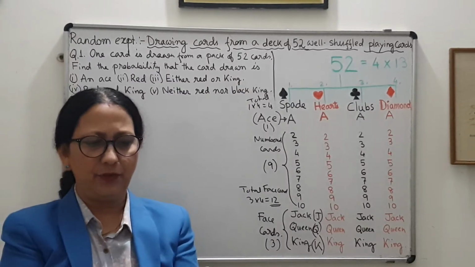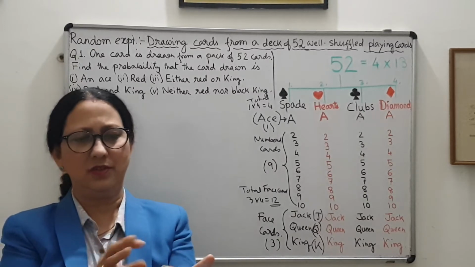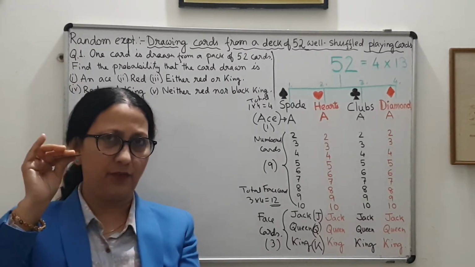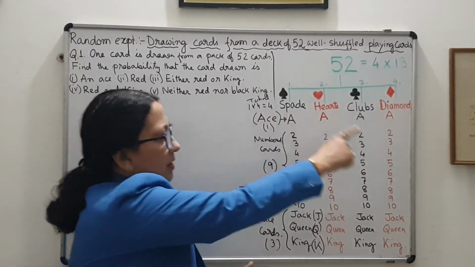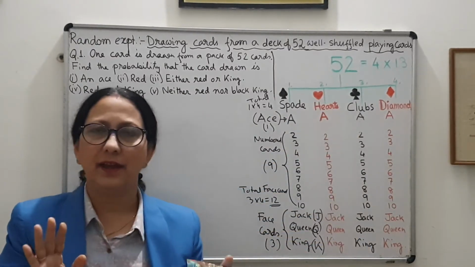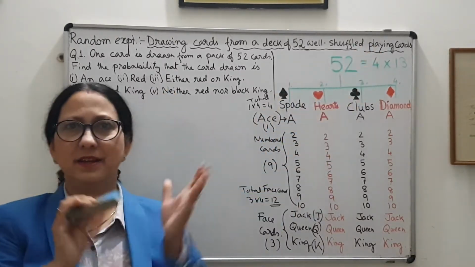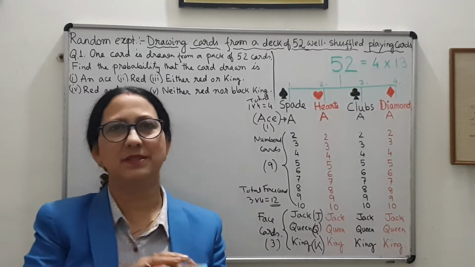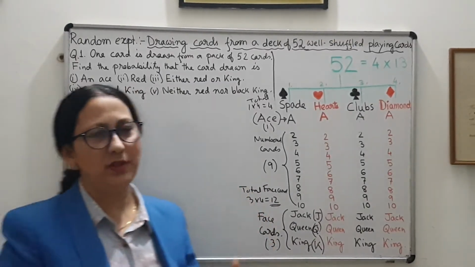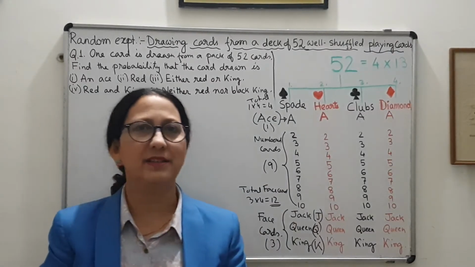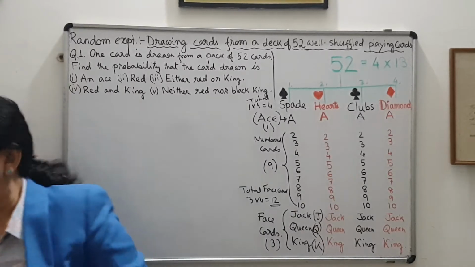So when I draw a card from the deck of 52 cards, the probability of getting any of the 52 cards is equally likely. That is the meaning of well shuffled playing cards: the outcomes of this random experiment are equally likely. So when you have to find the probability in the questions, we can use the theoretical or classical definition of probability.